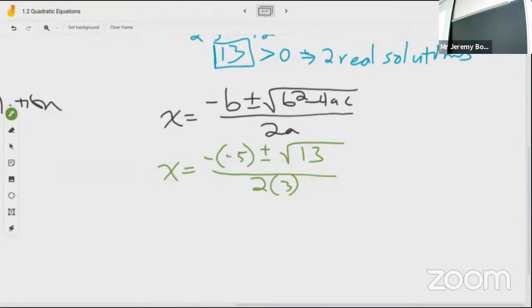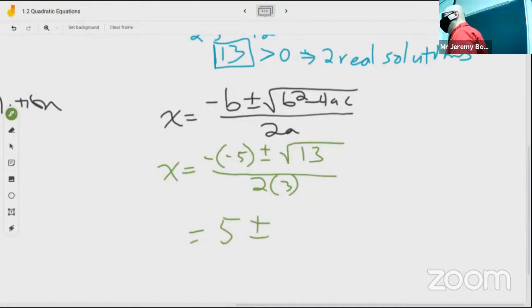Okay, so let's talk about what's going to happen here. We're going to evaluate that negative 5. That's going to become what? Positive 5. Good. Plus or minus. Can we evaluate the square root of 13?